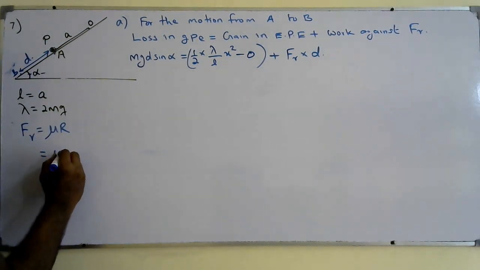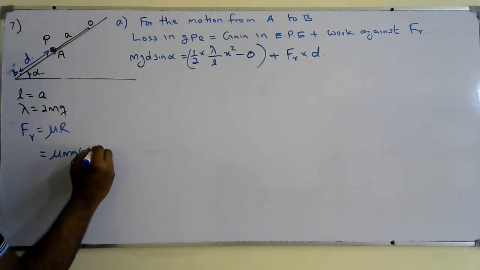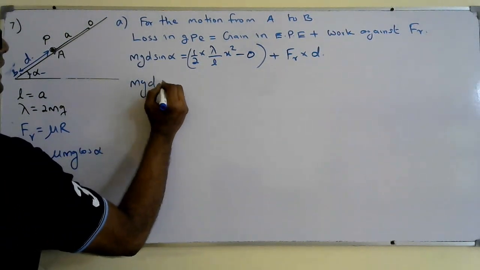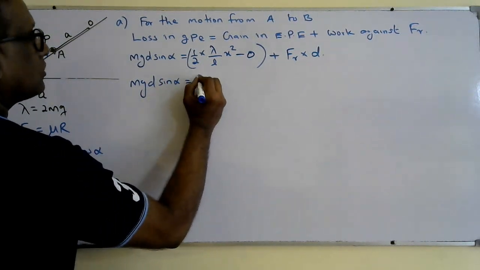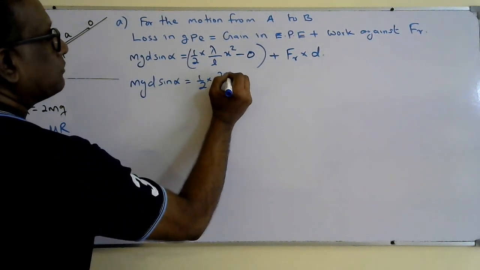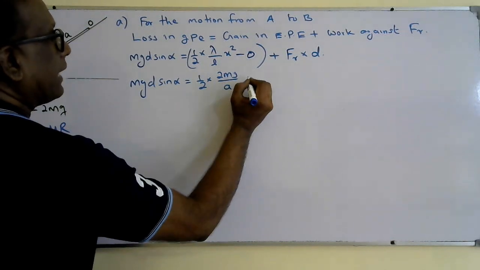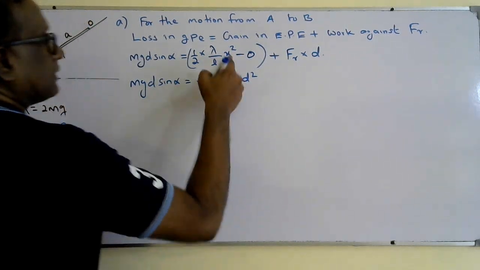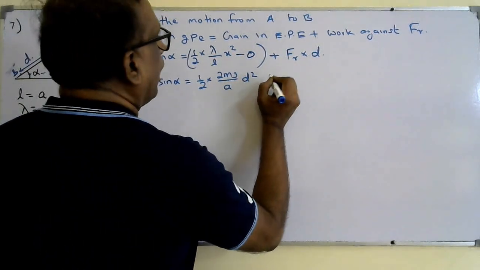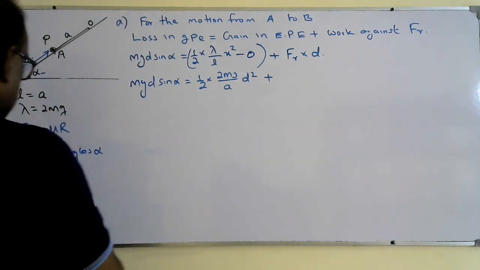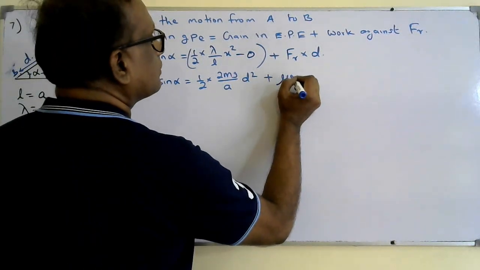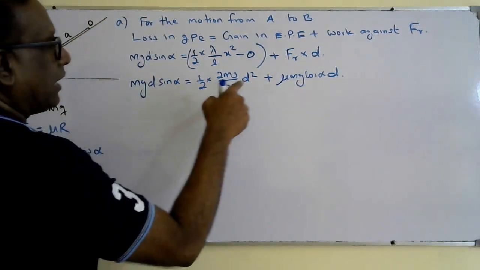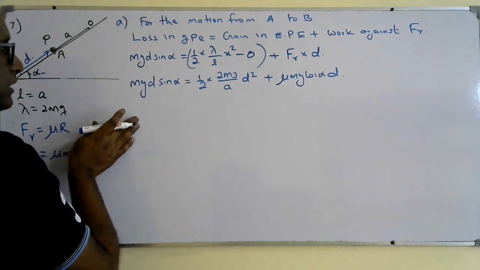So we get mg d sin alpha equals half lambda over L, with x squared being d squared, plus friction, that is mu mg cos alpha into d. Now d squared over d, I can divide the whole equation by d.